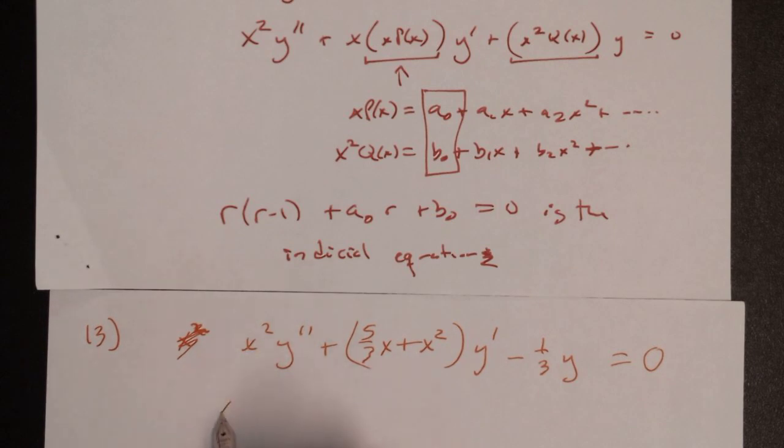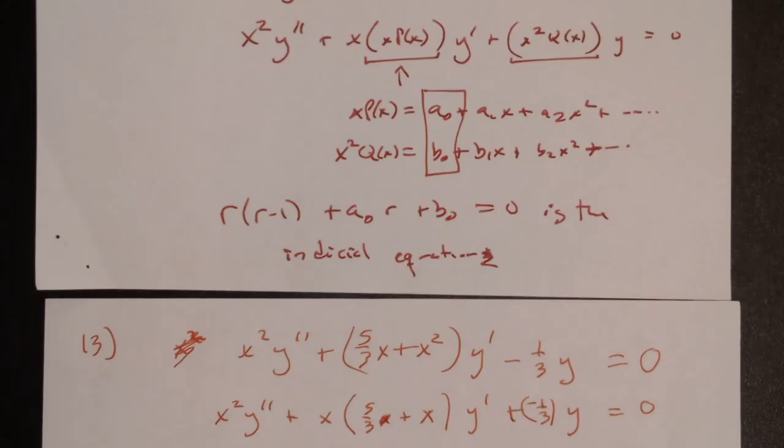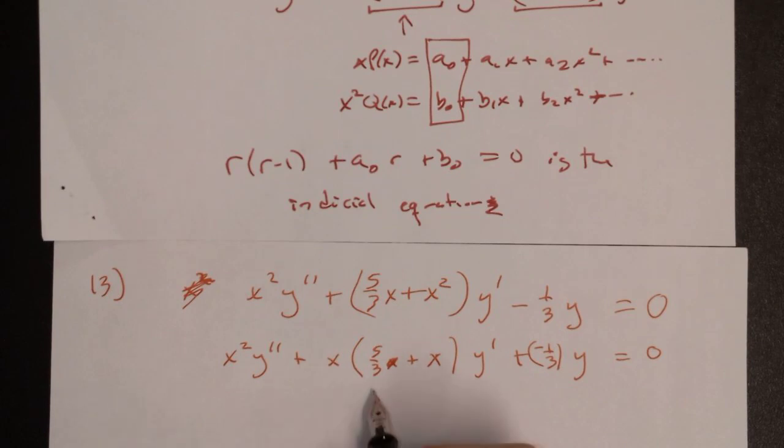I'm going to think of this as x squared y double prime plus x times (5/3 plus x) y prime, plus negative 1/3 y. Guess what? Here's A0. Here's B0.